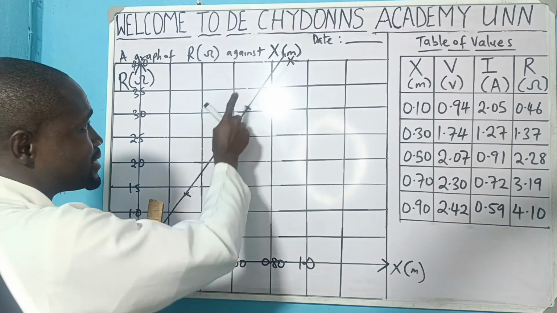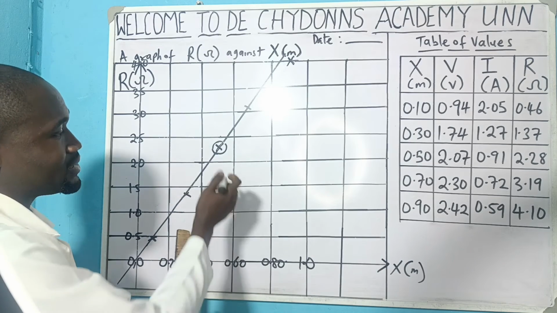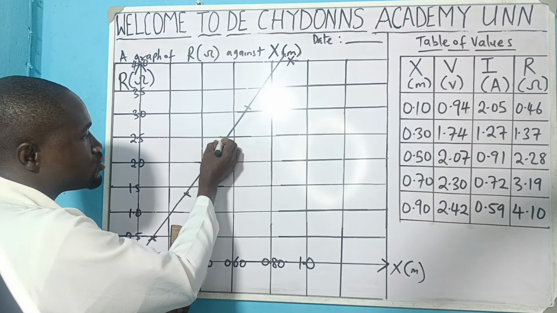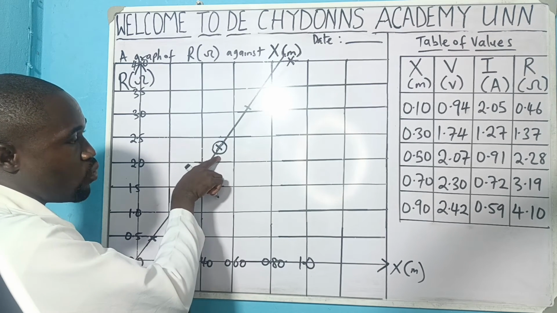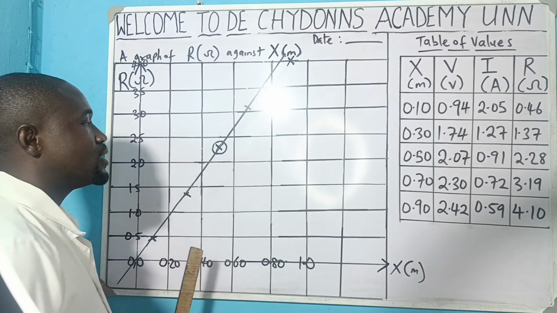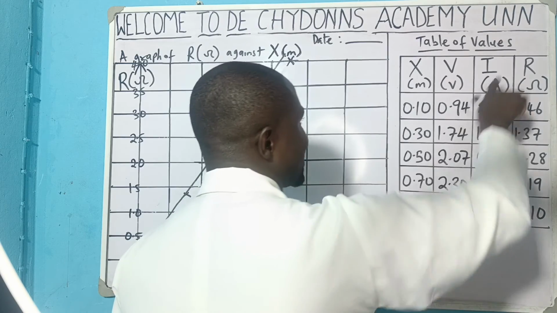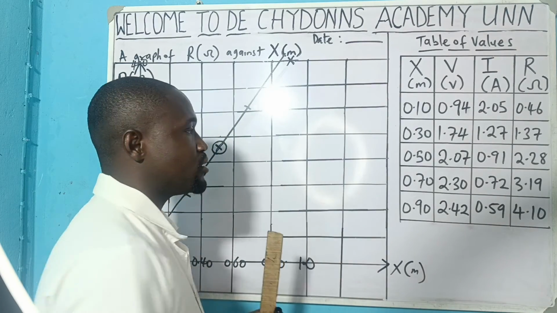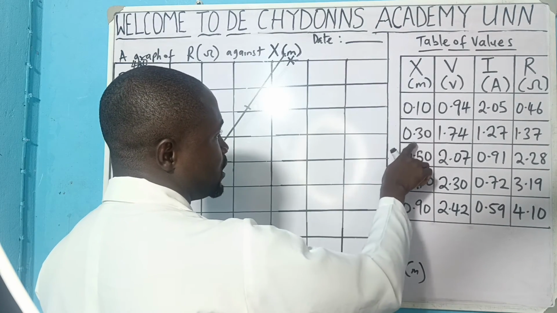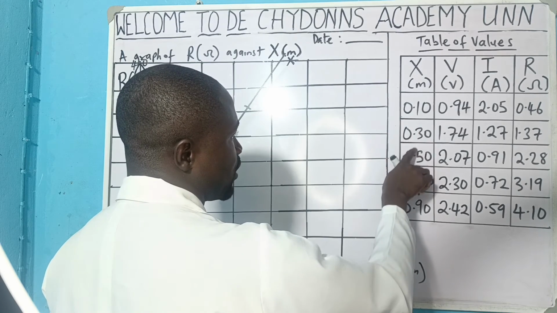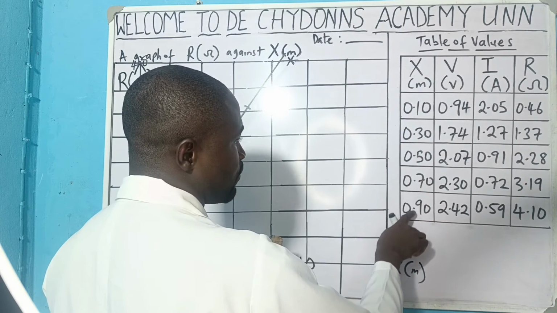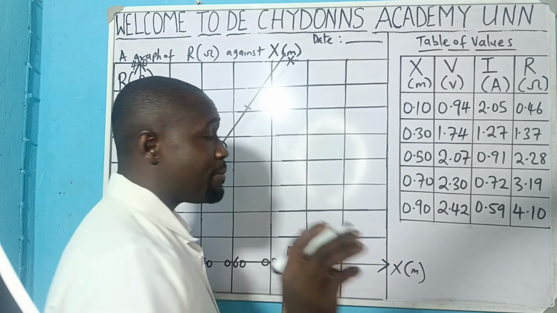Now, looking at this line of best fit, you will notice that there is a point I circled. What is this point representing? That is the mean of the x-axis values and the r values. That means add up 0.1 plus 0.3 plus 0.5 plus 0.7 plus 0.9 divided by 5.